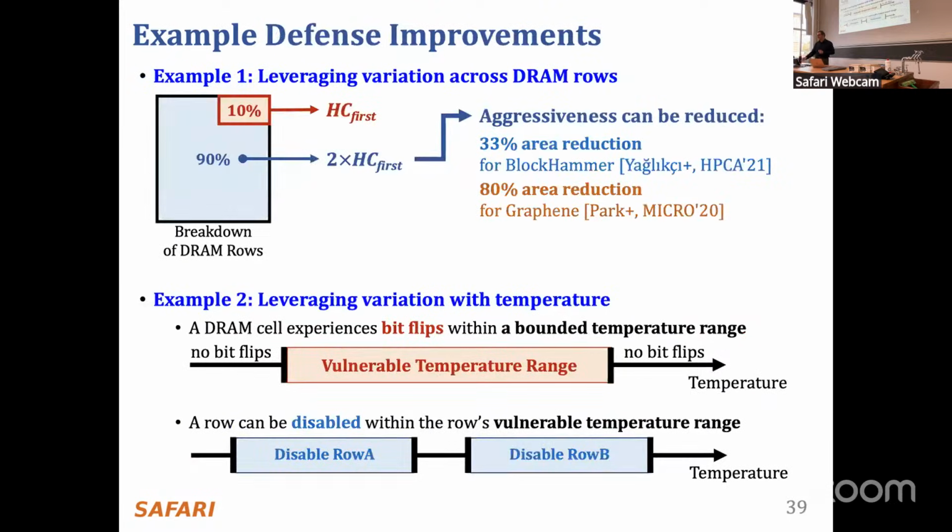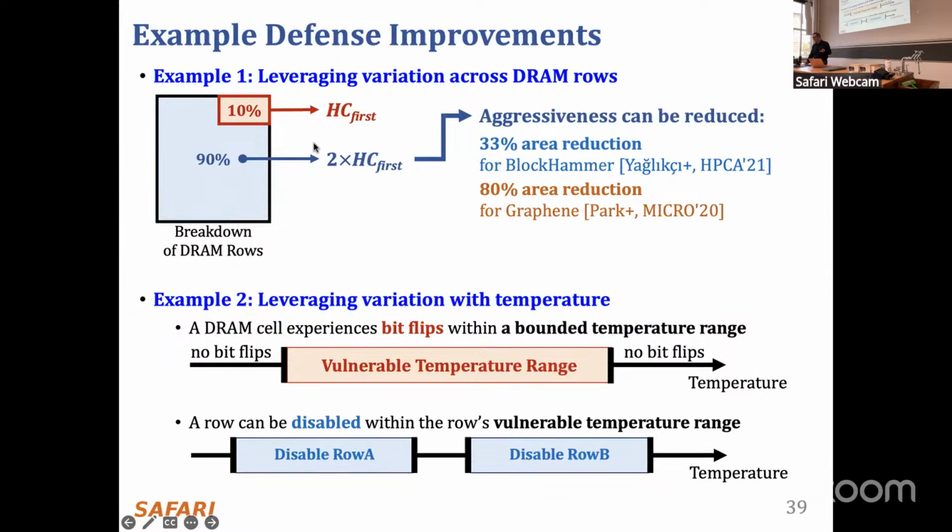Okay, this is another example over here. If you have variation across DRAM rows, and these are real numbers, basically 10% of the rows are twice as vulnerable as the remaining 90%, meaning the HC first of these 10% is half of the HC first of the remaining 90%.